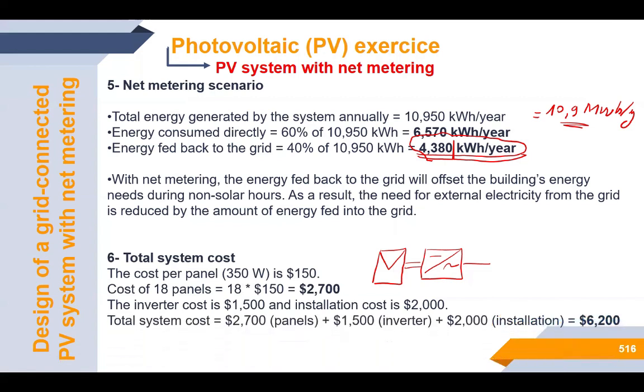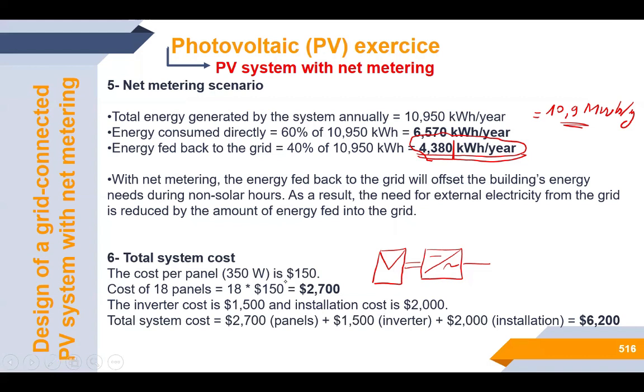So the total cost is the sum of three costs: the cost of the 18 solar panels, the cost of the inverter, and the cost of the installation. That gives about $6,200. Okay.